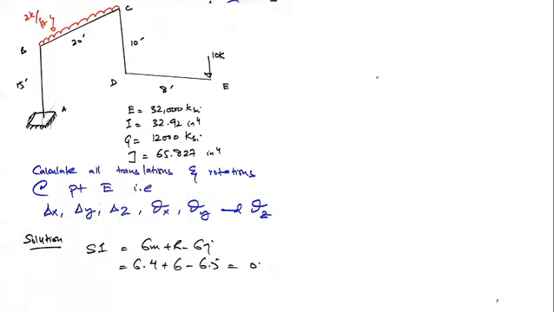The coordinate system should be shown here. This is y, and this is my x, and this is my z. So if I am referring to delta x, it means I am calculating the translation in this direction. This vertical is y, and this towards you is z. So it's easy.